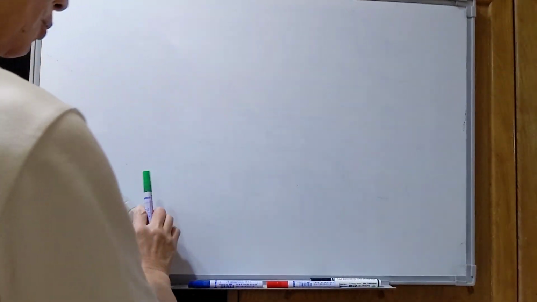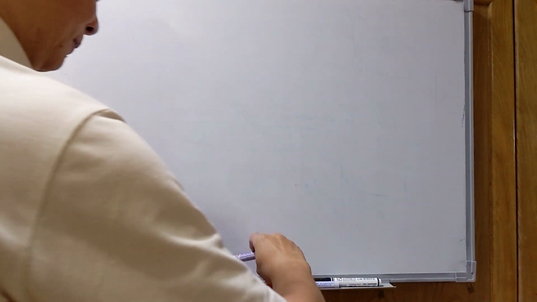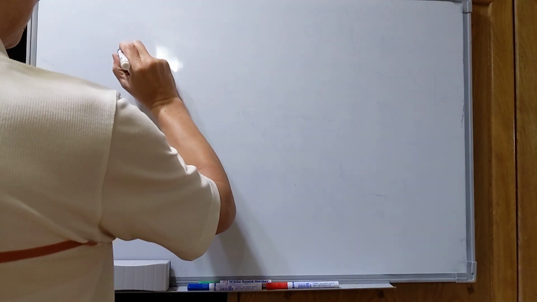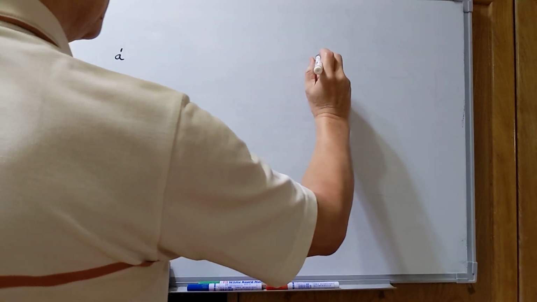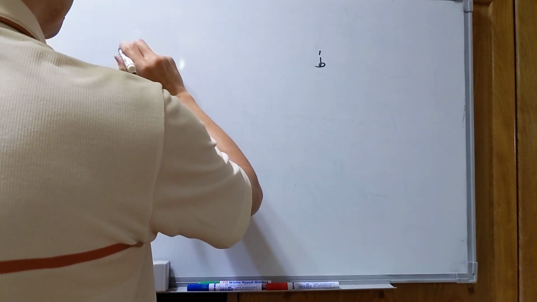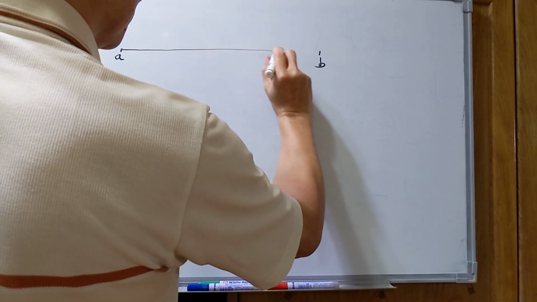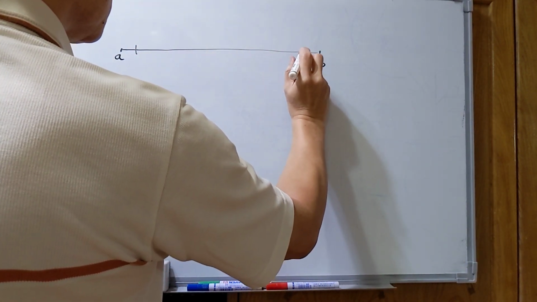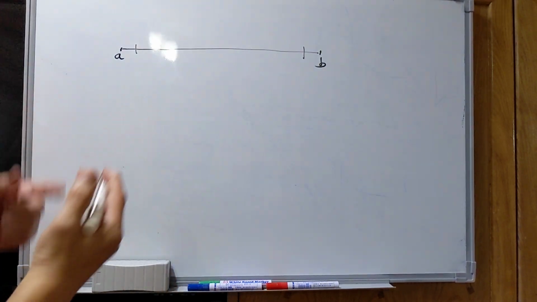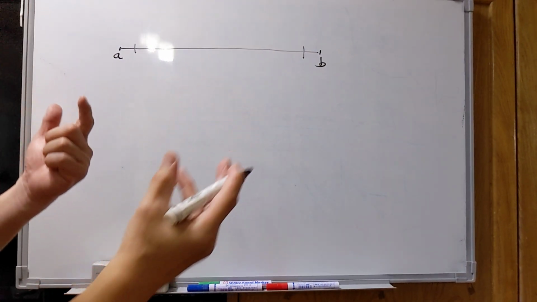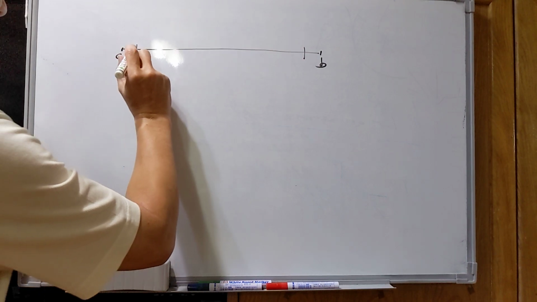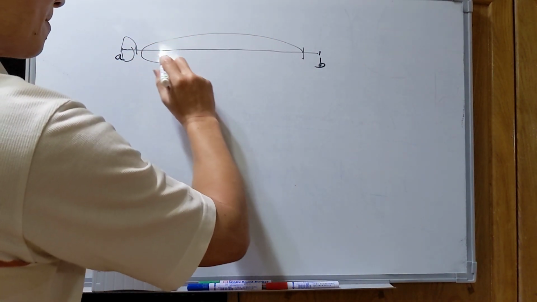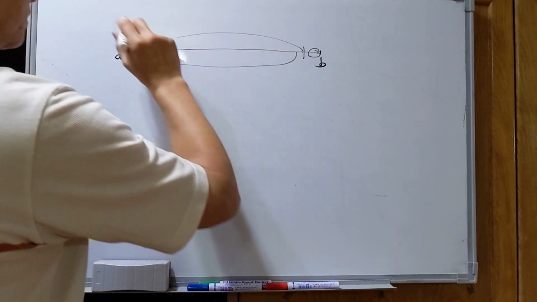Okay, then what can we do for the element? Usually we can say that's the joint A, that's the joint B, and that's the element. Actually you can say there are three parts of the element. That's the first part, that's the second part, that's the third part.